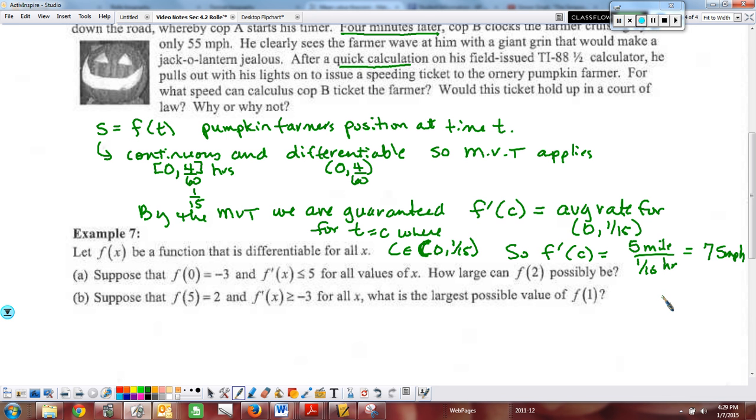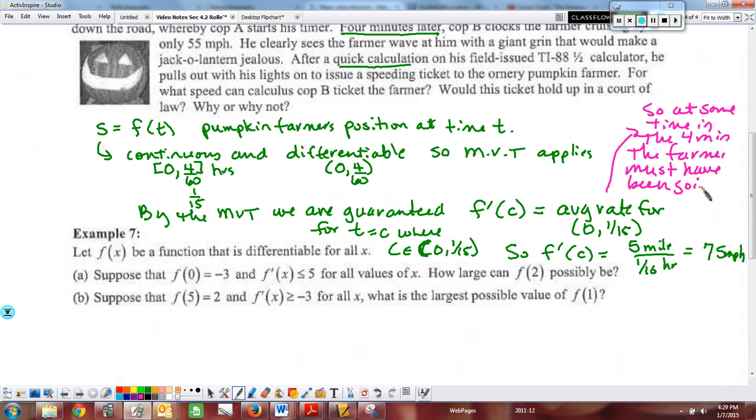So basically what the cops have proven is that at some time in the 4 minutes, the farmer must have been going 75 miles per hour. So he was speeding. We don't need to know at what time he was speeding, but we can guarantee that he was speeding.